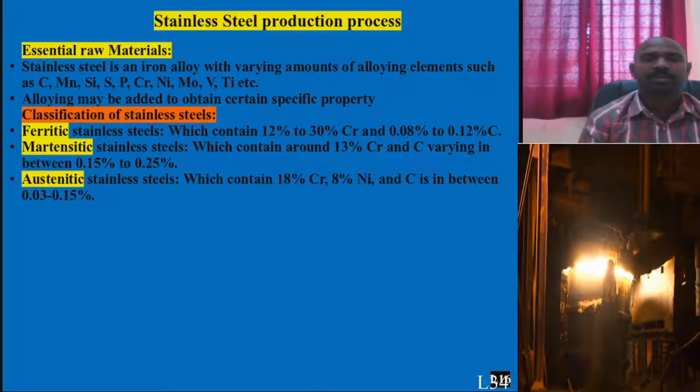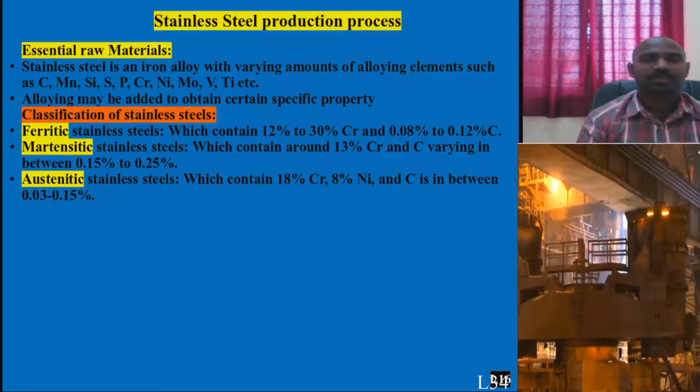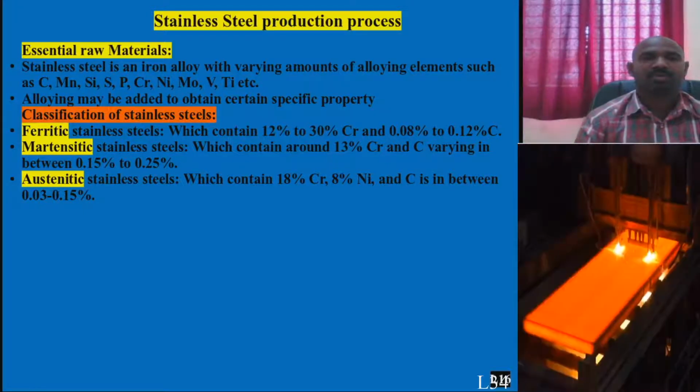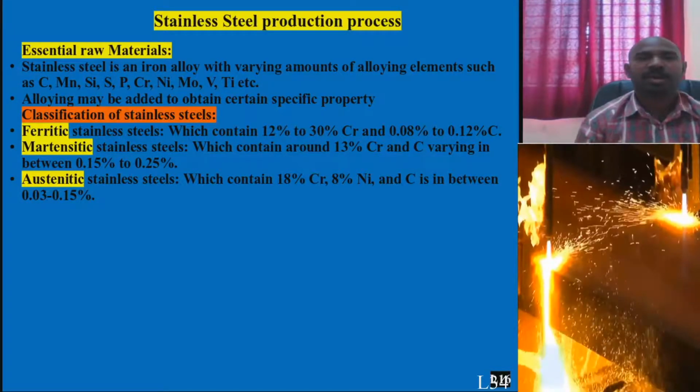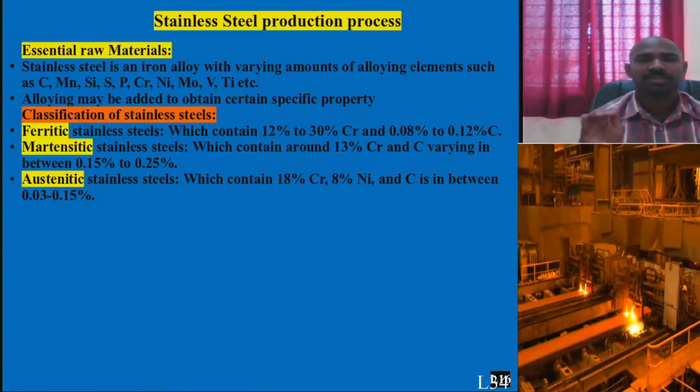And austenitic stainless steel contains 18% chromium and 8% nickel. Here you will see nickel is added, whereas in ferritic and martensitic you didn't find nickel addition. It is also called 18-8 stainless steel.